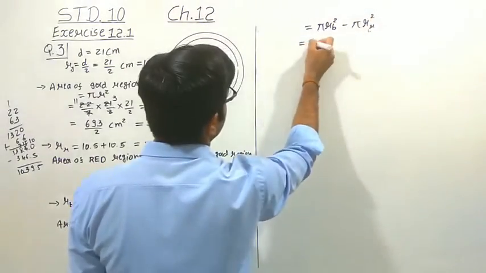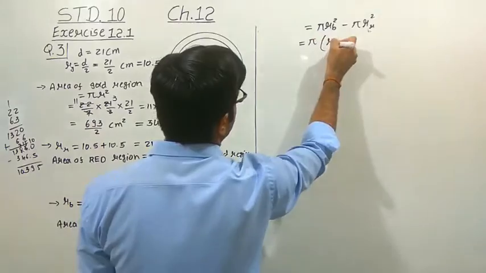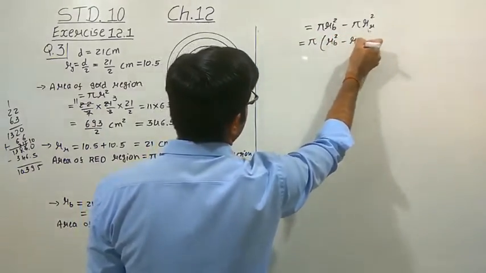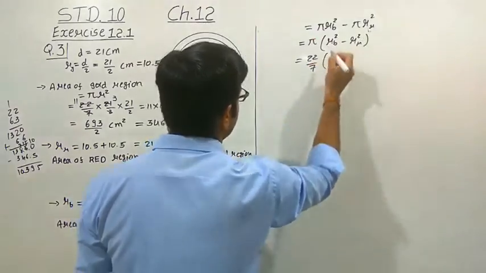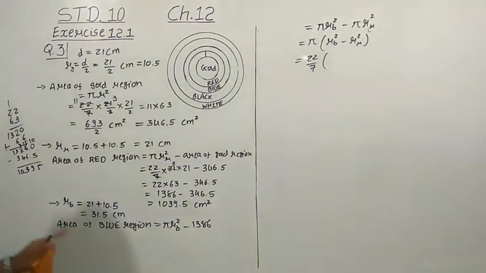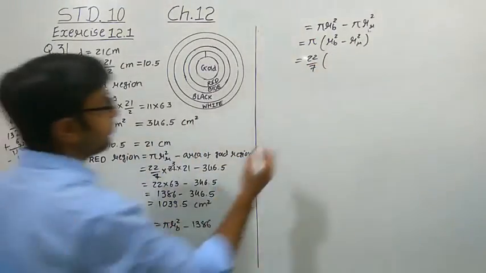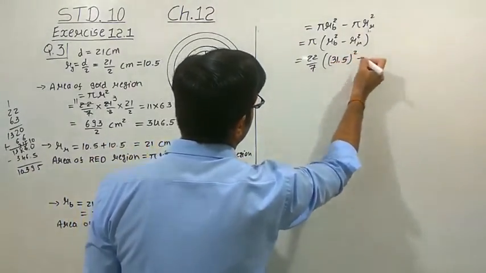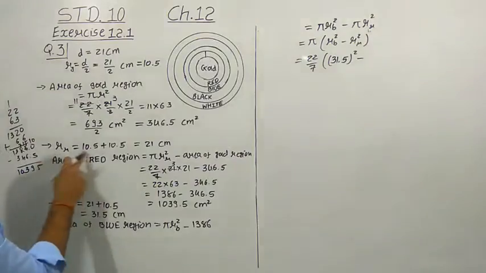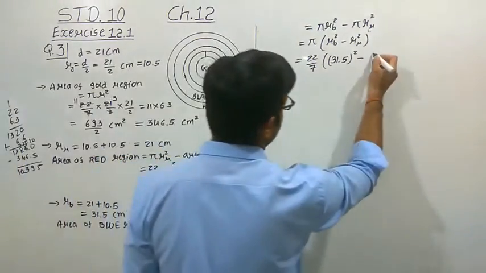So pi is common, and we get RB square minus RR square. Now pi is 22 upon 7. What is RB? That is the radius of the blue, 31.5 whole square, minus the radius of the red region, that is 21 centimeter square.